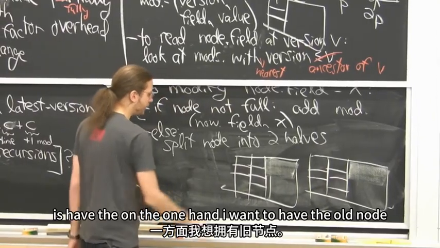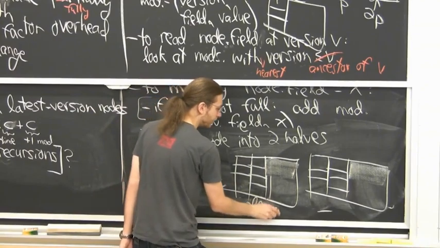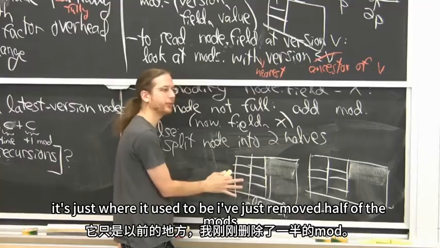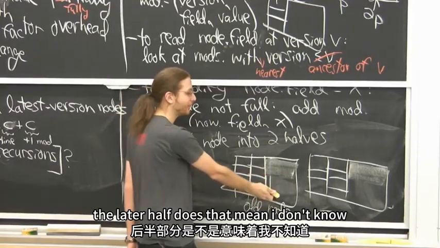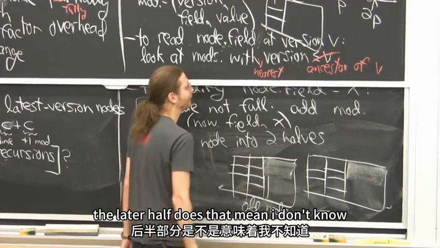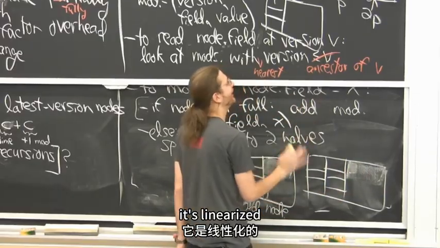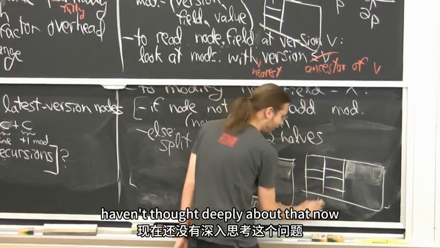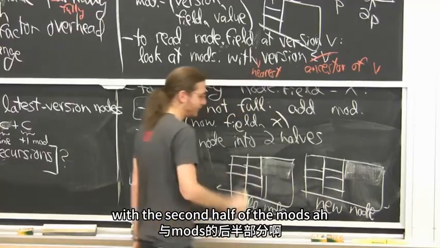Basically, on the one hand, I want to have the old node just where it used to be. I've just removed half of the mods, the second half, the later half. What does that mean? I don't know. Figure it out. It's linearized. I haven't thought deeply about that. Now we're going to make a new node with the second half of the mods.